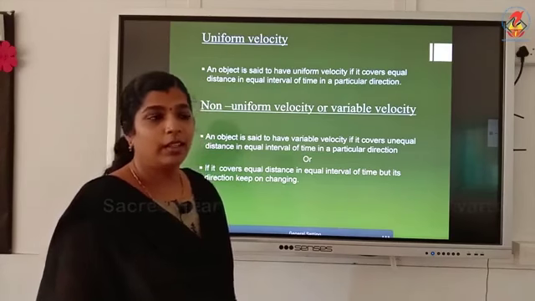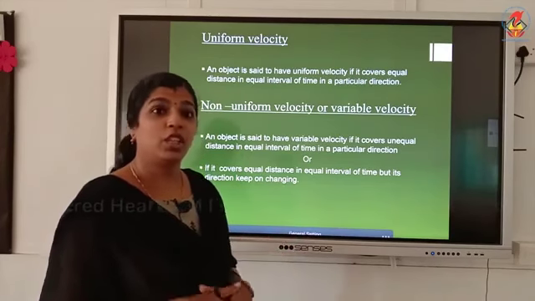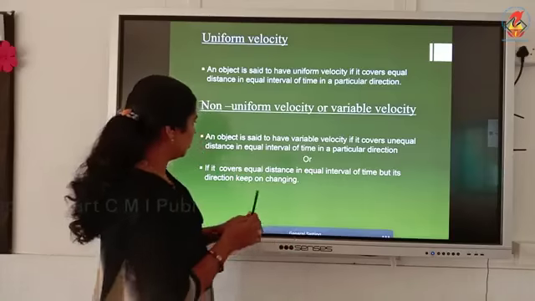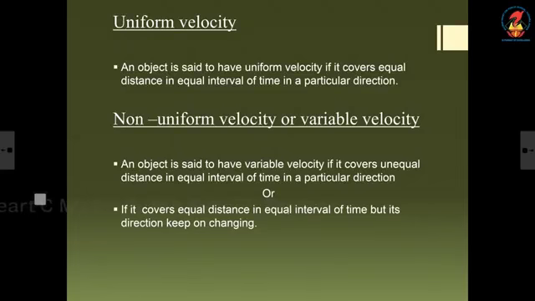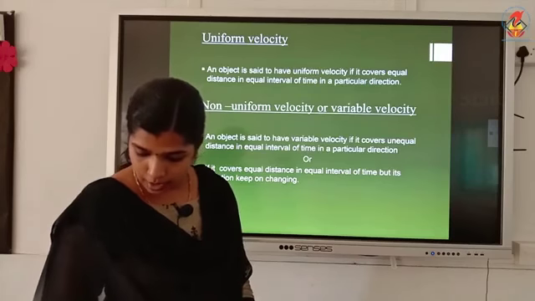Second one, keep the magnitude constant but change the direction: equal distance in equal interval of time, the magnitude is the same but the direction keeps on changing. Third one, both magnitude-wise and direction-wise changes will be there. So three methods are there to change the velocity of an object.